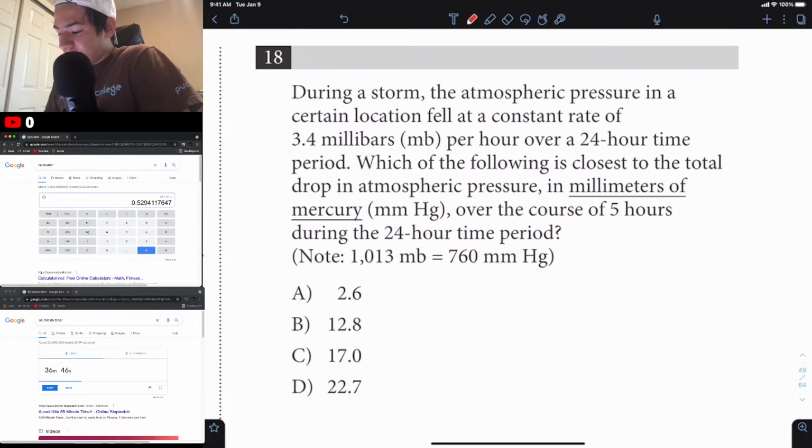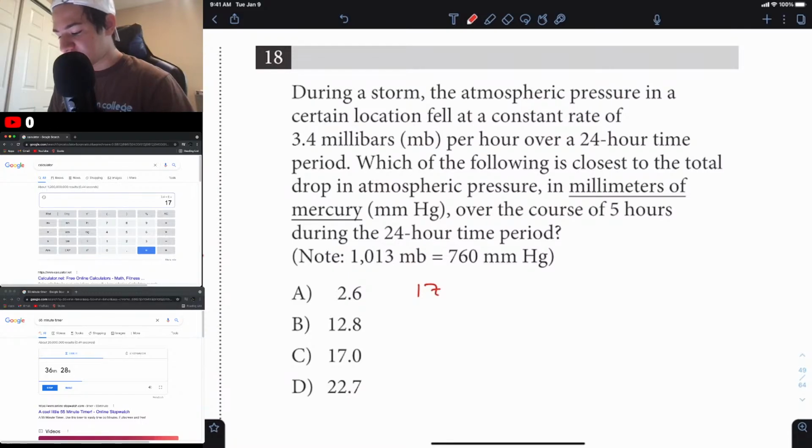Constant rate of 3.4 millibars per hour. So for 5 hours, it would be 3.4 times 5, right? That makes sense. 3.4 times 5 is 17 millibars over 5 hours. And we want this in mmHg.